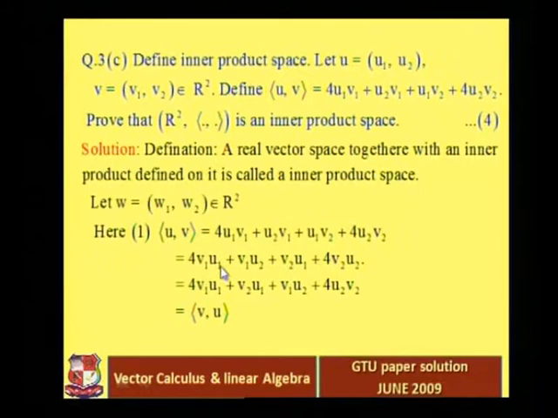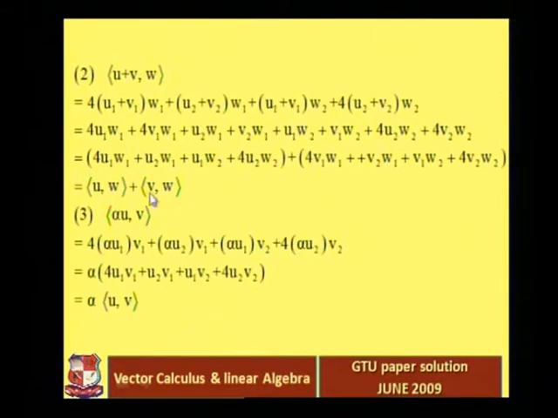Because of the commutative property in real numbers, we use this property. Then 4v1u1 + v2u1 + v1u2 + 4u2v2, and that is equal to ⟨v, u⟩. So easily we can check that ⟨u, v⟩ is equal to ⟨v, u⟩.